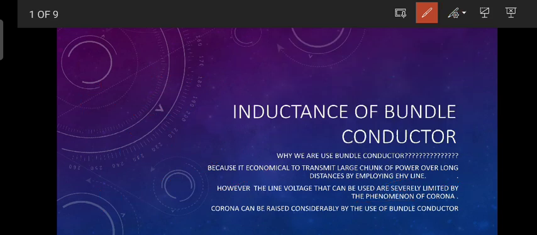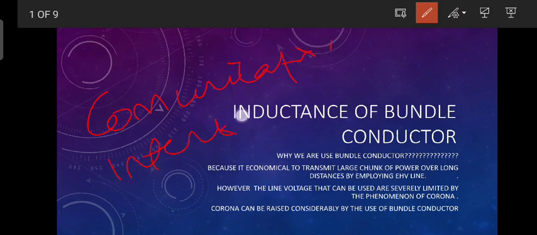Corona discharge causes communication interference and associated power loss, which can be severe in bad weather conditions. The critical line voltage for formation of corona can be raised in the bundle conductor.